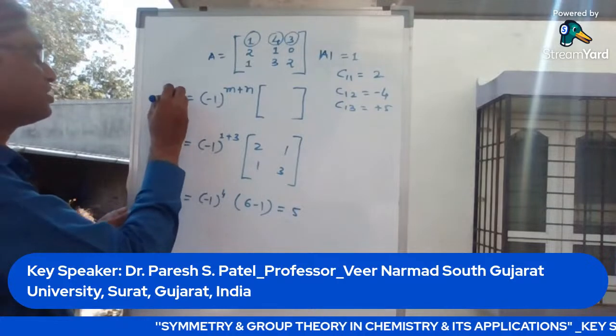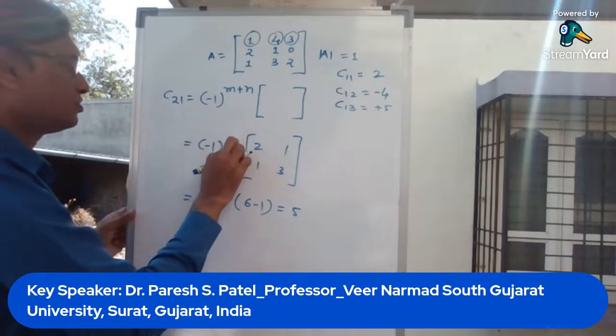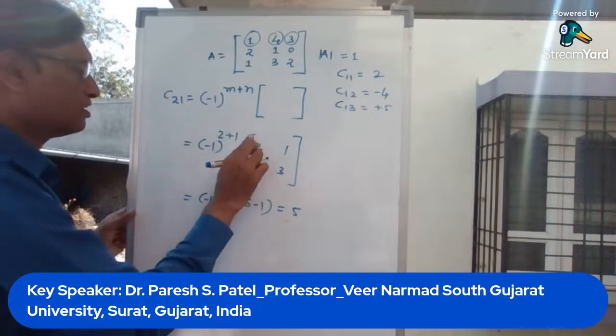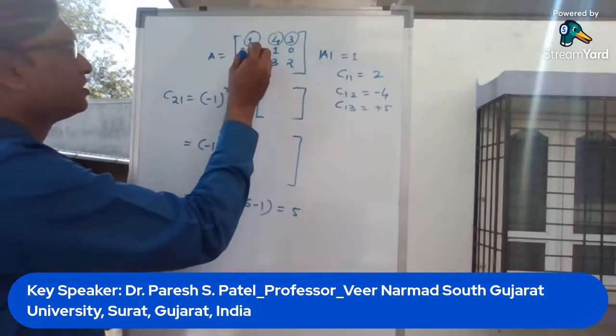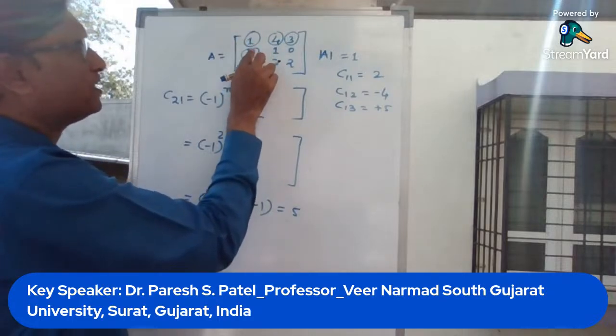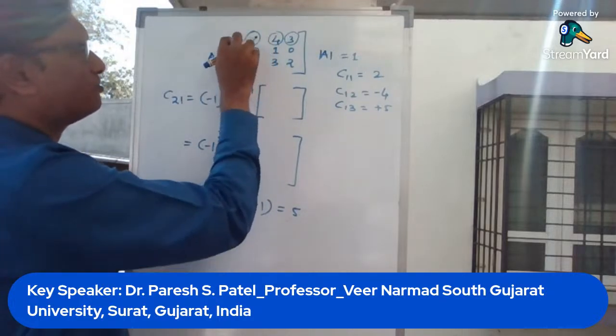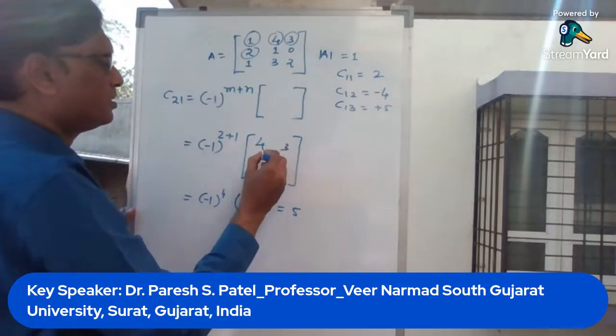Similarly, if you go for C21, 2 plus 1, and the remaining are, this is the C21 position, the second row and first column. The remaining are 4, 3, 3, 2.